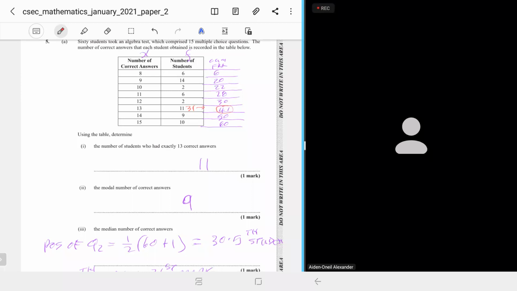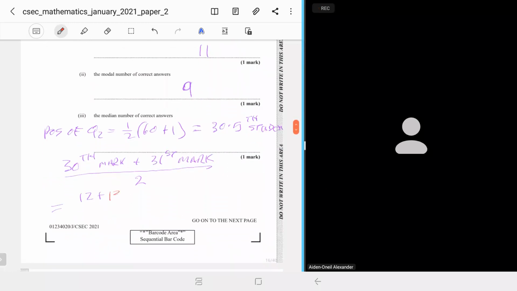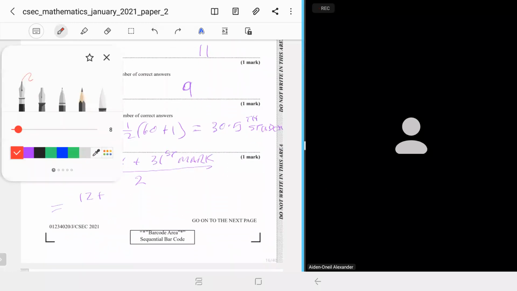You might say, all right, if I subtract, I may get 10. No, but you have to include the 31st student in your subtraction. So there's 11 students then. So the 31st student gets 13 marks. So this is 12 plus 13 over 2.